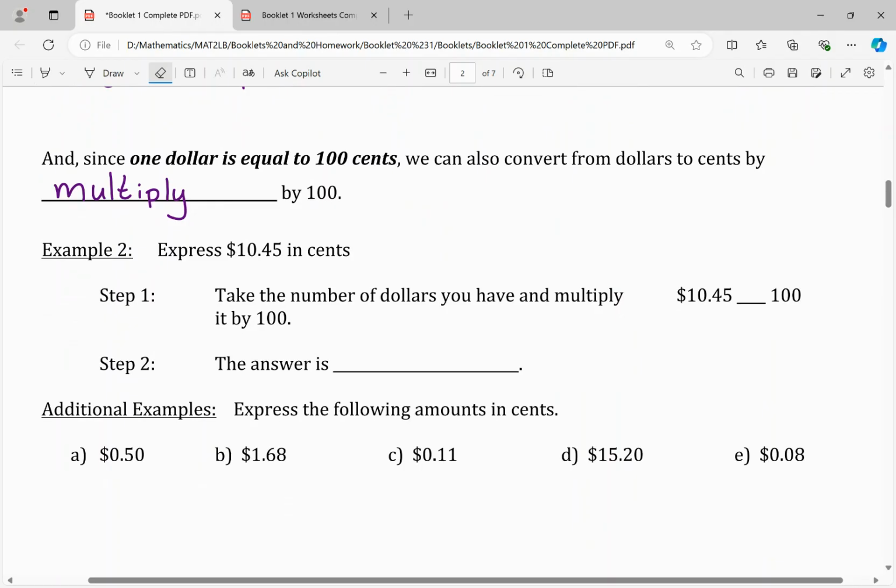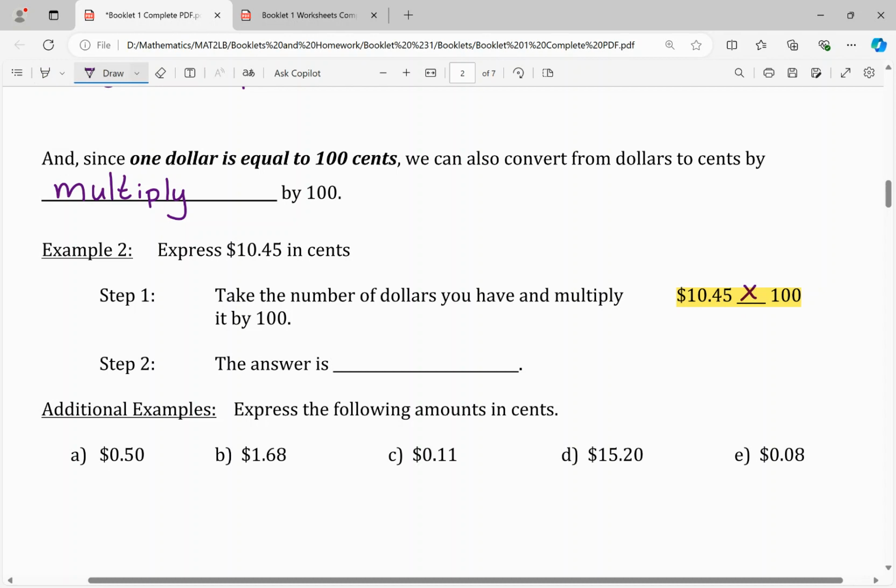Let's start with an example. Please express $10.45 in cents. Step 1, since we're going from dollars to cents, we know that we multiply this number by 100, not divide. So you take your calculator and you type in 10.45 times, which again is the X button, 100.